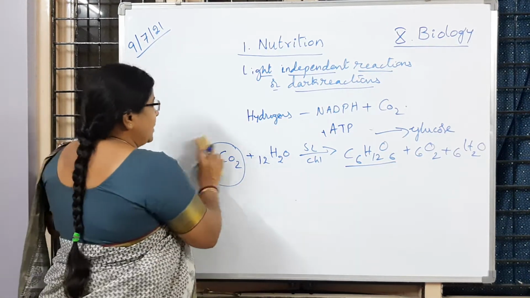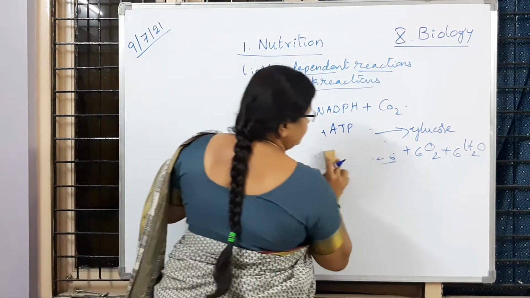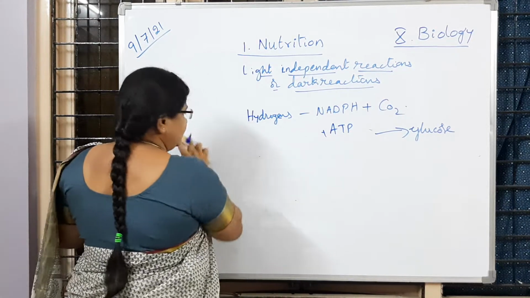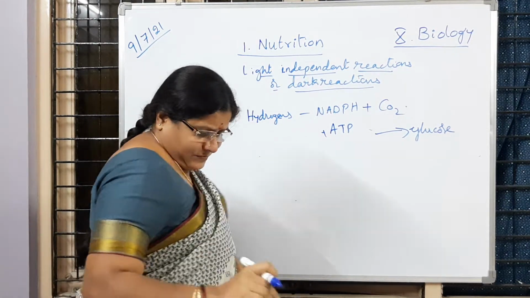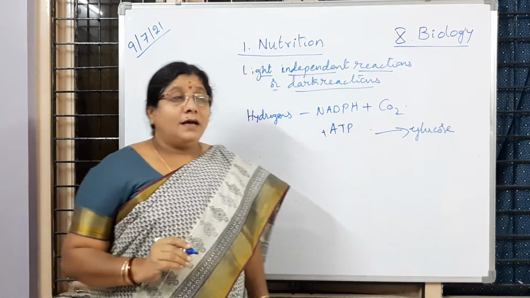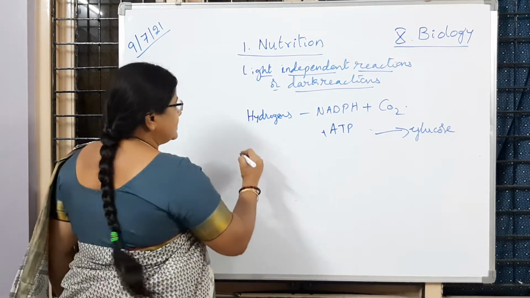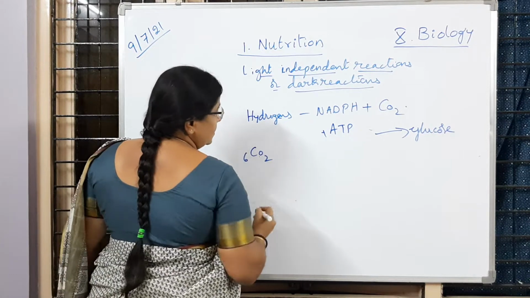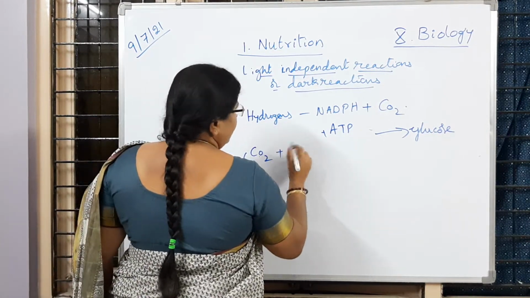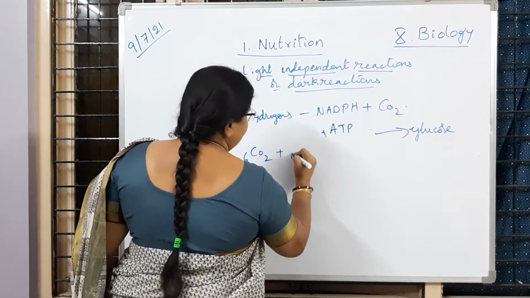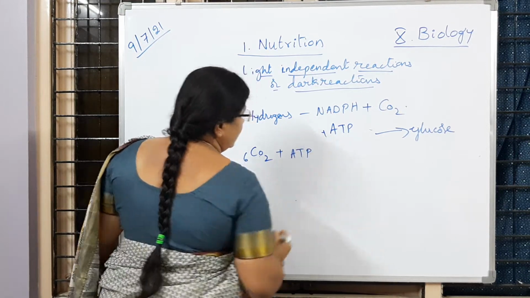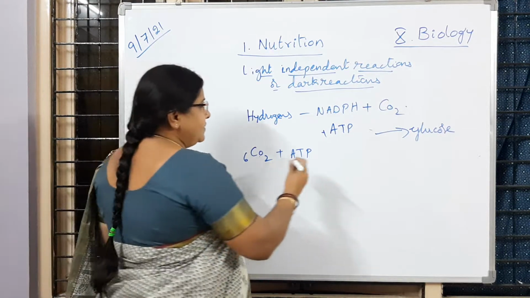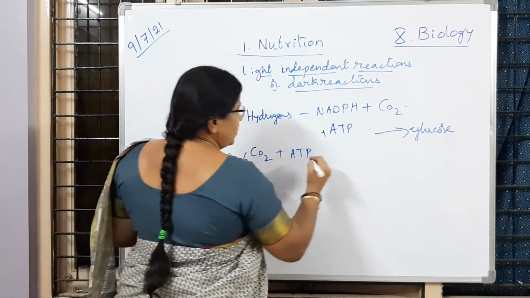So now the fixing of carbon dioxide, that is 6CO2 plus NADPH and ATP, at different steps is going to give, as the first step, hexose sugar.